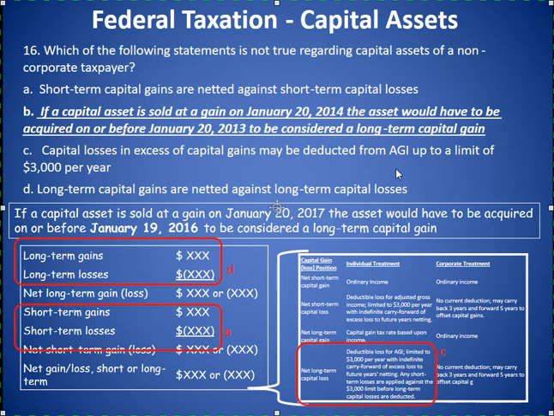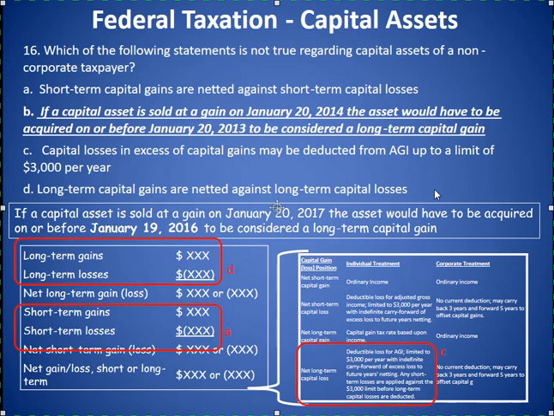And again, we're talking about a non-corporate taxpayer, so it would be under individual, non-corporate treatment. If you do have losses over and above that, they can be carried over and deducted against any long-term gains, or they can also be carried forward and deducted up to $3,000 a year.